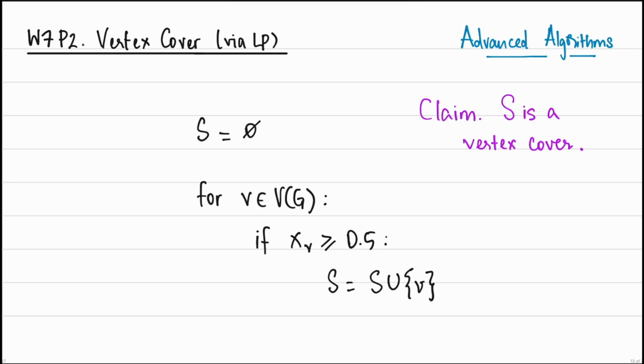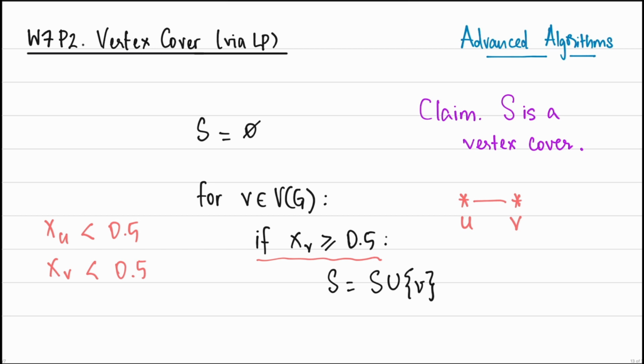And let's think about this for a moment. So as we have done before with the matching based algorithm, let's argue this by contradiction. So suppose S is not a vertex cover, and suppose the edge UV is not covered by S, right? That would mean that XU had a value that was strictly less than half, and XV also had a value that was strictly less than half, because that's the only reason that we didn't pick up either of these vertices in our solution.